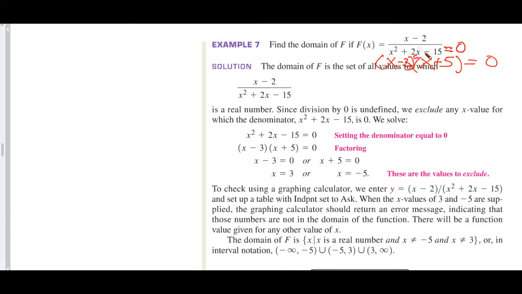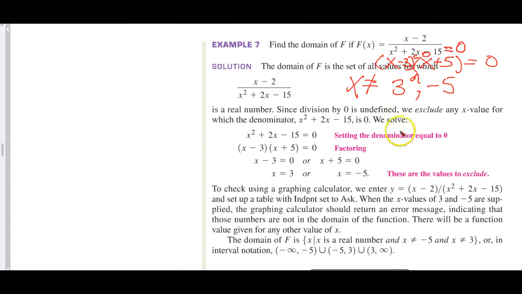So equal each of these to 0. So here this is going to be a positive 3. This is going to be a negative 5. So our domain then would be all real numbers, but x cannot be a 3 or a negative 5. Because if we put a 3 or a negative 5 in this denominator, it would make our denominator a 0. So we have to exclude those values.